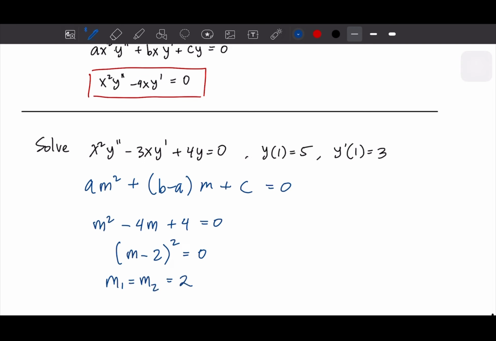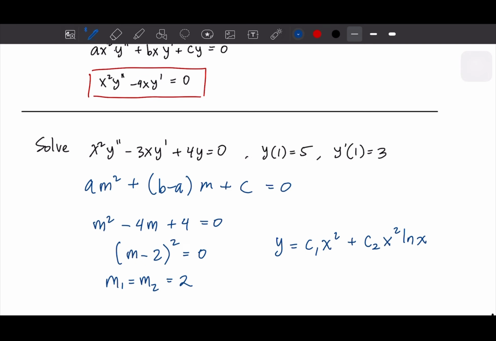The value is 2. And remember, when we have repeated roots in Cauchy-Euler, we need to multiply with the ln x. So we could write down the solution as c1 x squared plus c2 x squared, but with ln x.